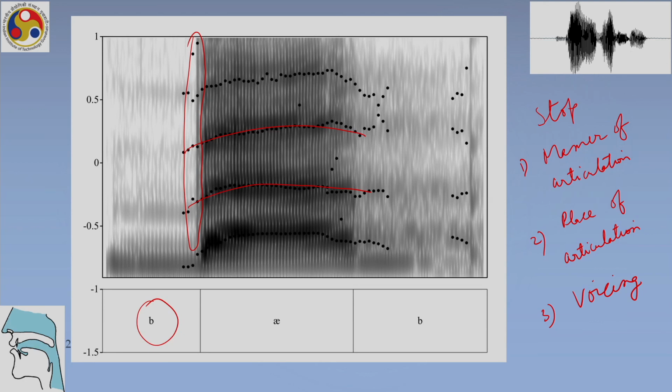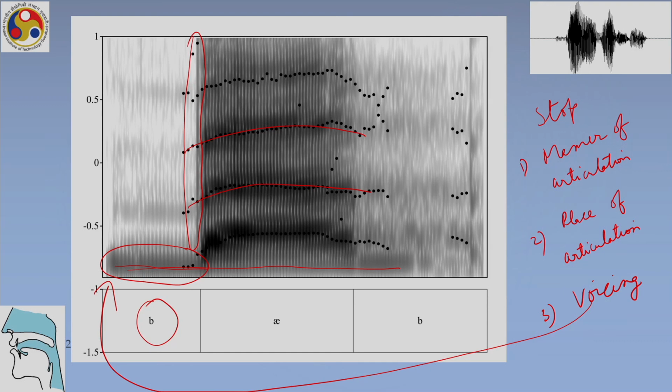And after that, what happens? What do you see in the spectrogram? We see this, which is called a voicing bar. Okay, you can see the periodicity. This part where you see a dark band, the voicing band, just shows us our voicing, which will be absent in a voiceless stop.